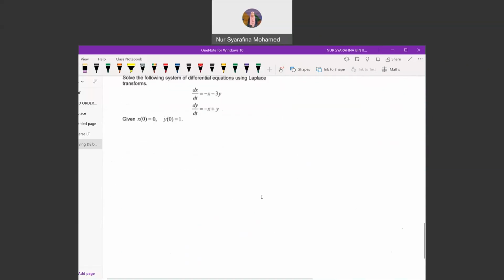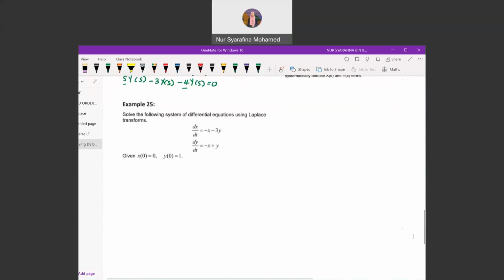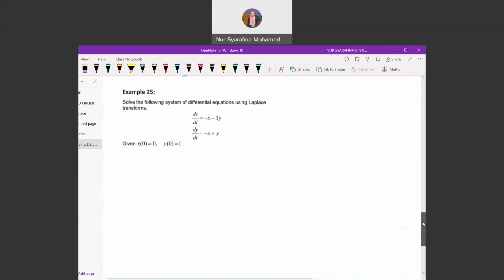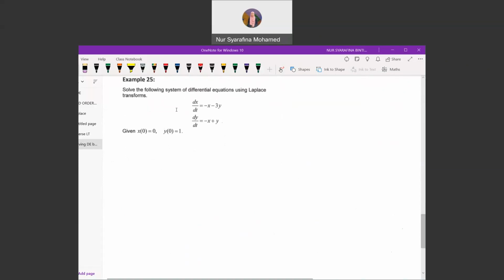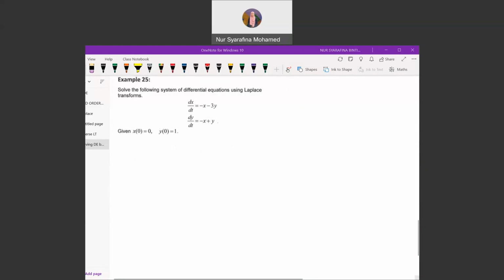Okay, so your first step is to transform this system by Laplace transform, transforming every expression here.